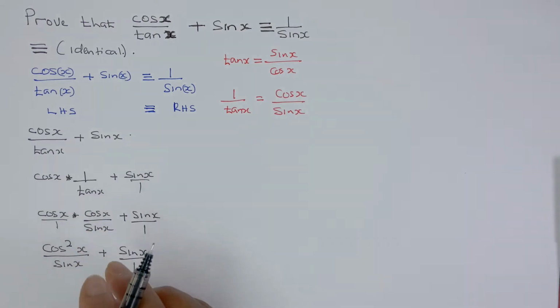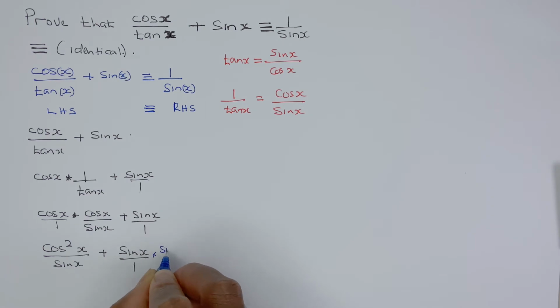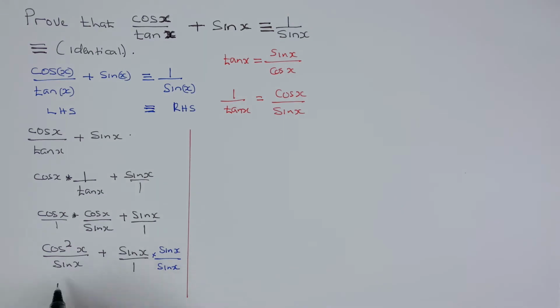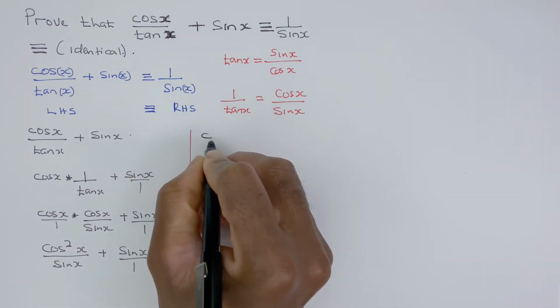Now I need to make the denominators the same. So what I'm going to do is times this by sine of x, and I need to times the denominator here by sine of x, so they make them the same. If they cancel out, it's still the same. So what I'm going to do is write it here.